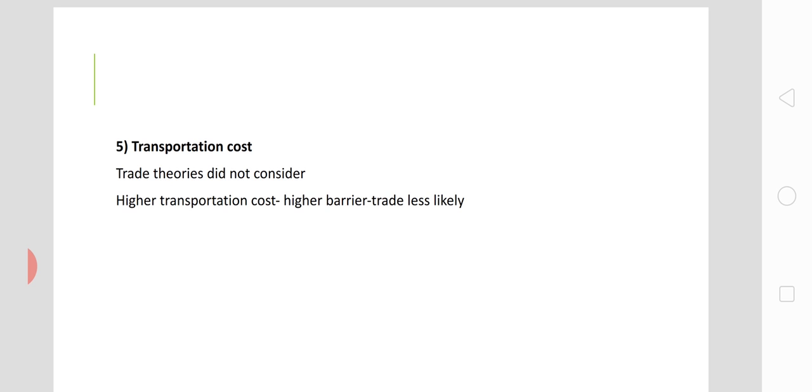So whenever the nation is able to supply the commodities across the international borders with less transportation cost, that nation will usually have the comparative advantage. But whenever the nation is not able to export the commodities at a lesser price, that nation normally cannot have the comparative advantage.